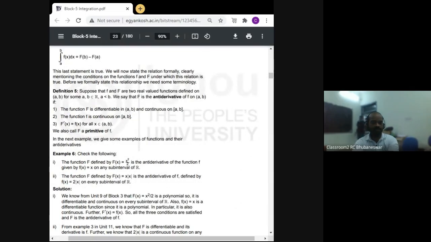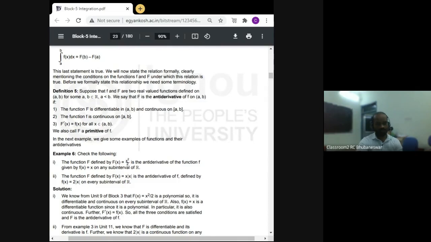We first discuss the definition of an antiderivative of a function in a certain interval [a, b]. Suppose that we have two real valued functions, small f and capital F, defined on the same interval [a, b], and capital F is the antiderivative of small f on the interval [a, b] if the following three conditions are satisfied.